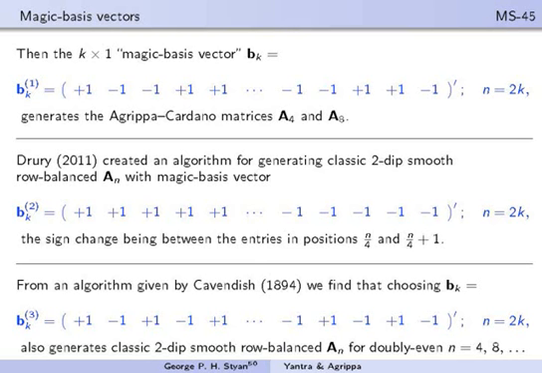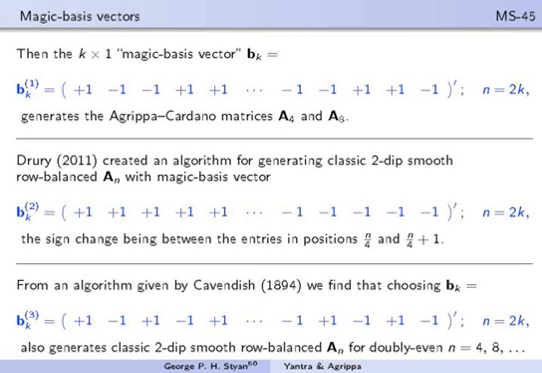Drury created an algorithm for generating classic 2-dip smooth, doubly balanced An with magic basis matrix B super 2. He took pluses for the first n over 4 entries and minuses for the last n over 4 entries. So the sign change is between positions n over 4 and n over 4 plus 1.